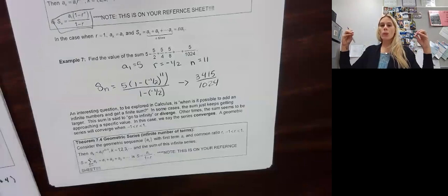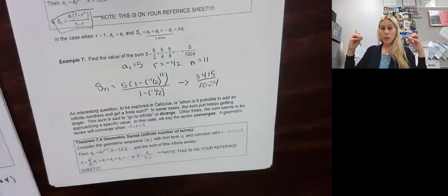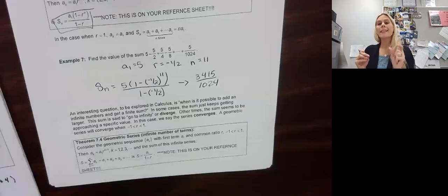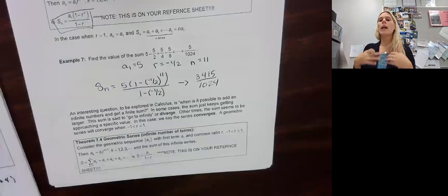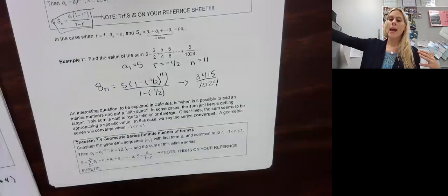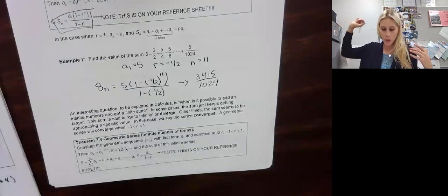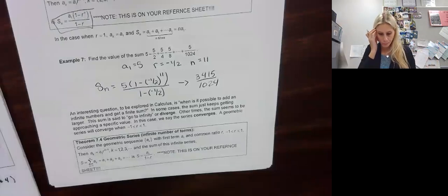When it's converging to a single value, we can take the sum of an infinite series. When it diverges, when it gets bigger, that means it goes on forever, and we definitely can't count things up that go on forever.